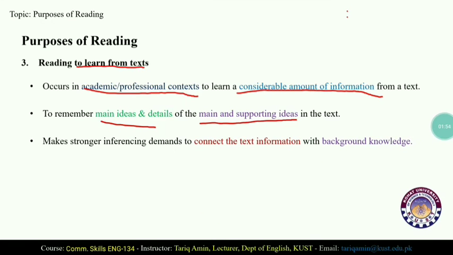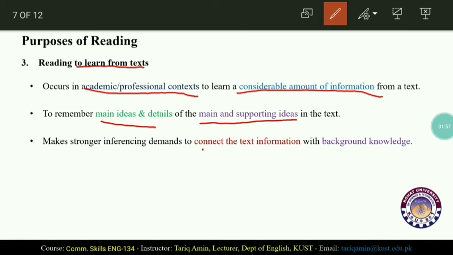It makes stronger inferencing demands, to connect the text information with background knowledge. When we read a text, sometimes we already have some background knowledge about the topic. For example, you are reading an essay about Quaid-e-Azam Muhammad Ali Jinnah, or you are reading an essay about Allama Muhammad Iqbal. You are reading something about Kohat University of Science and Technology, Kohat.